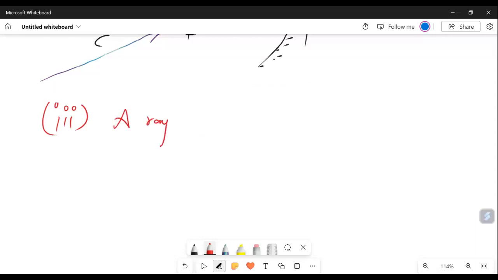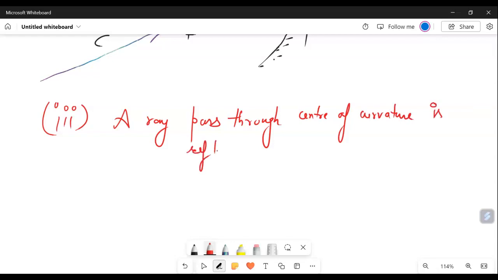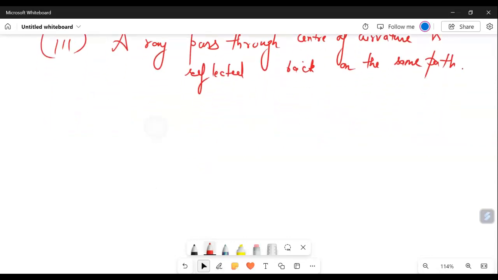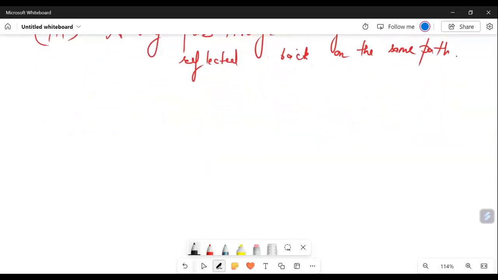So a ray passing through the center of curvature is reflected back on the same path. How is that possible? Because the line passing from the center of curvature joining the aperture is nothing but a normal. So a light ray coming along the normal line goes back along the normal, like that.